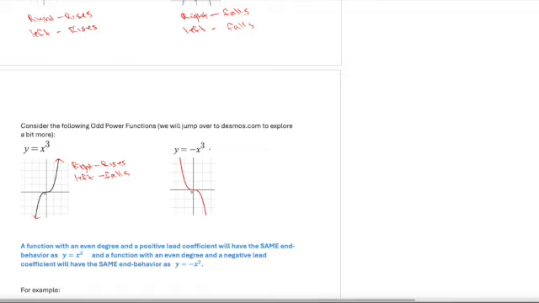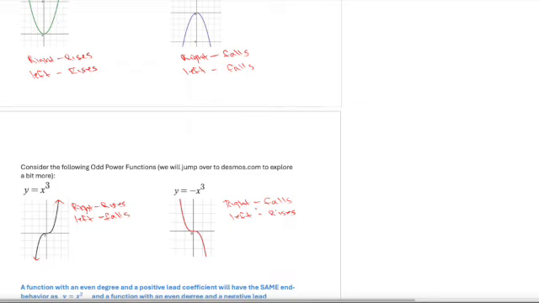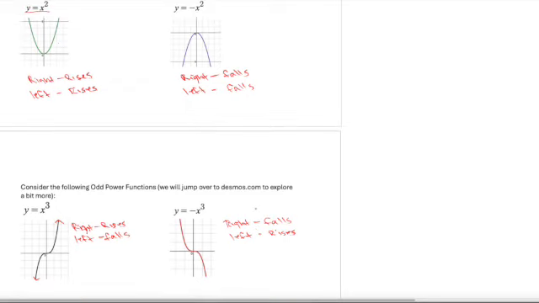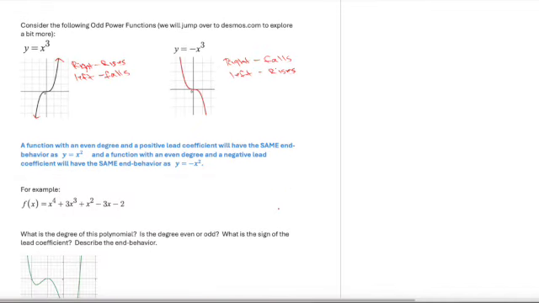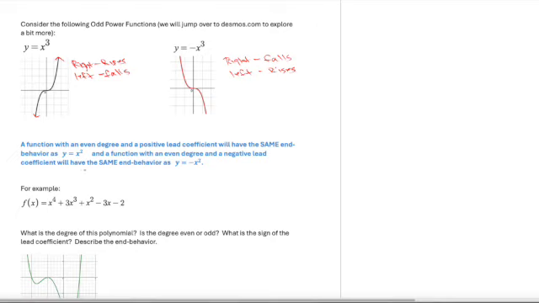But when we look at the x-axis reflection, negative x cubed, to the right, the graph falls, and to the left, the graph rises. What's interesting is that by keeping these four graphs in mind, which were parent functions that we've discussed in the past, this helps us determine the end behavior of more complicated polynomials.